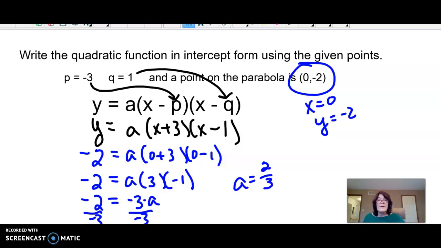Because a negative divided by a negative is positive. Now I can write the equation that they asked me for. y equals 2/3 times x plus 3 times x minus 1. I mean, I already had the x plus 3, x minus 1 part from the very beginning. I just needed to find a.